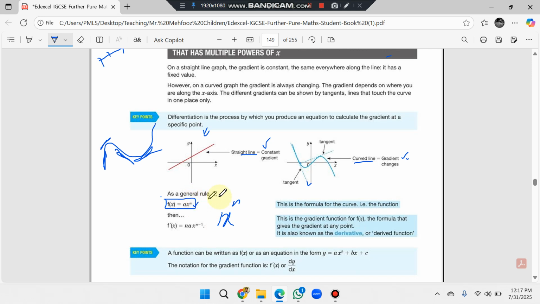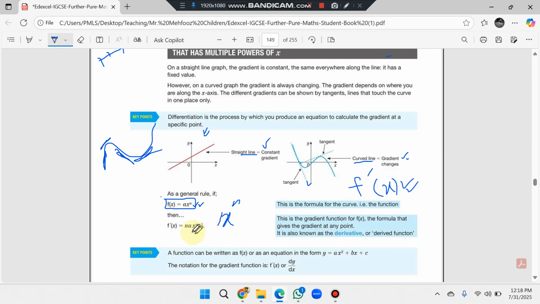So the method for differentiation: first of all, we have a notation for differentiation, that is f prime of x. This is the derivative. Differentiation is a process and the derivative is the result, right? f of x is given, f prime of x is its derivative.